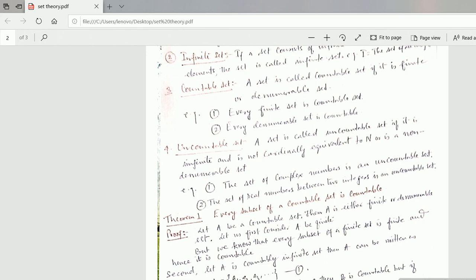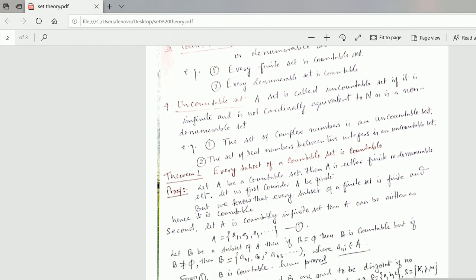Uncountable set: a set is called an uncountable set if it is infinite and is not cardinally equivalent to N, that is the natural numbers, or is a non-denumerable set. For example, first, the set of complex numbers is an uncountable set. The set of real numbers between two integers is an uncountable set.